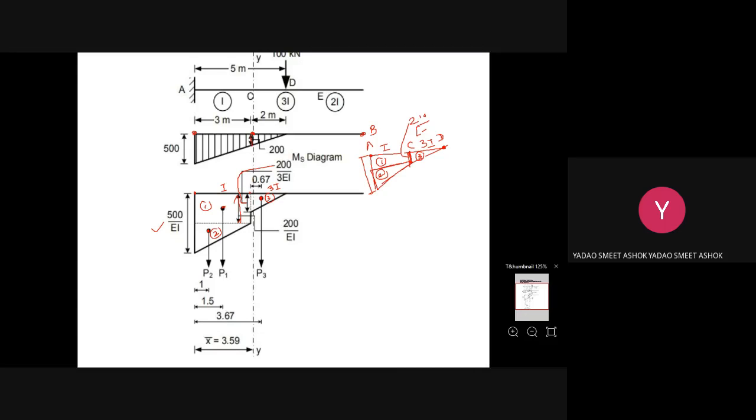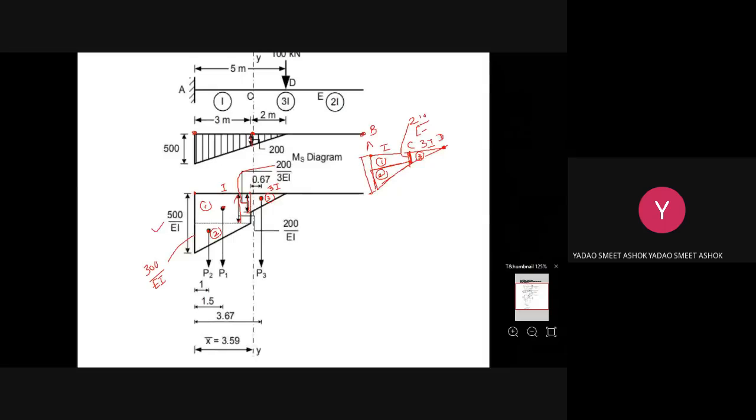After this point, the value of I is going to be changed to 3I, so for the third triangle this magnitude will become 200 by 3EI. So for the rectangular section 1, the MS by EI value will become 200 by EI, for triangular section 2, the MS by EI value will become 300 by EI, and for the third triangle, the value will become 200 by 3EI, because I is going to be changed.